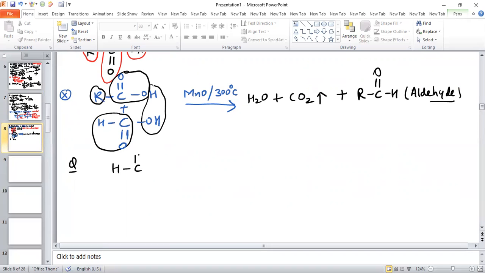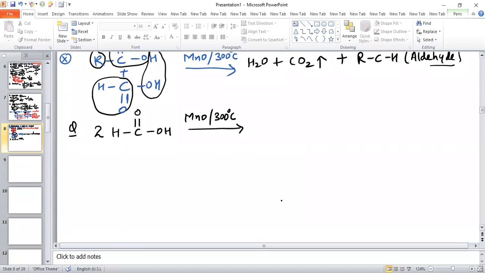The question is basically HC double bond O and OH, and 2 moles of it are given, and the reaction is in the presence of manganese oxide at 300 degrees Celsius. So you can see this is basically HC double bond O and OH, and again this is HC double bond O and OH.